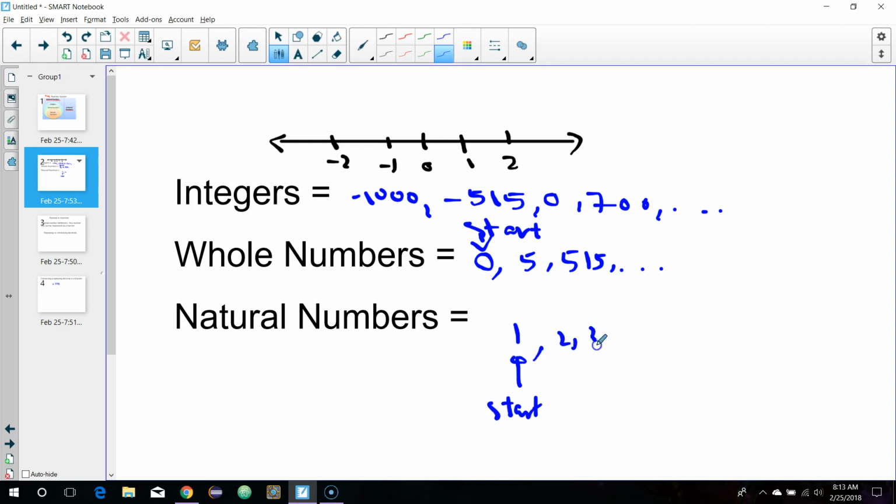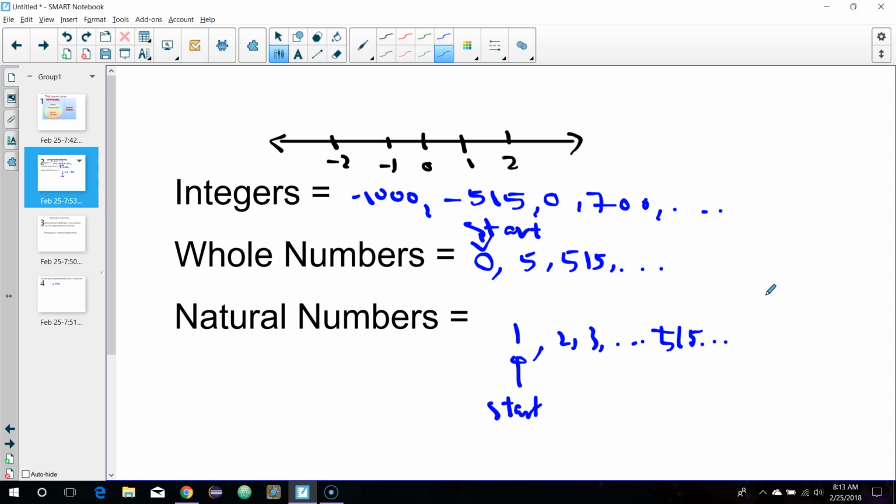So 2, 3, and so on. We love 515 today. Okay, so the whole number and natural numbers are very confusing. It starts with 0 for the whole number. For natural number, it starts with 1.